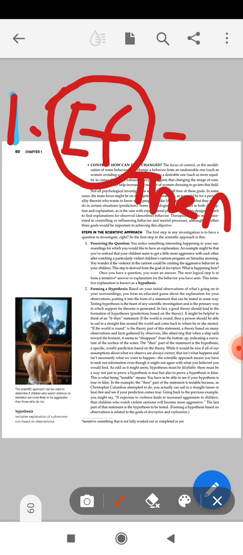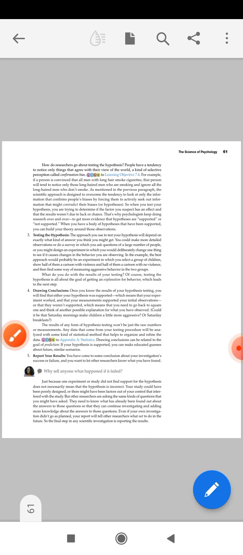If the child watches violent cartoons, then his behavior will be aggressive or violent. This will be your simple research hypothesis which you want to test in your experiment. And without forming any hypothesis, you are not able to conduct any of your experiment.